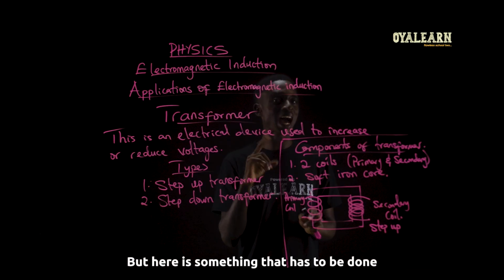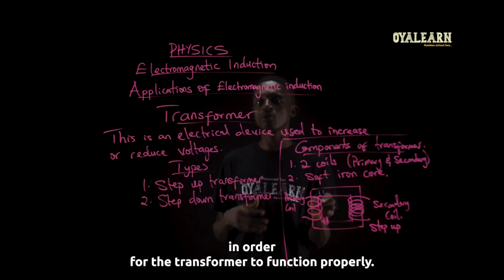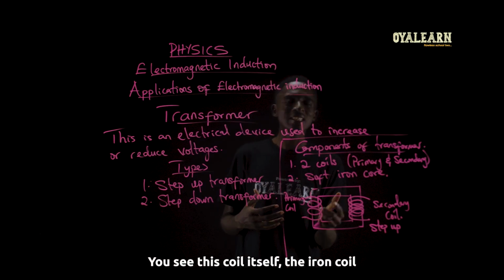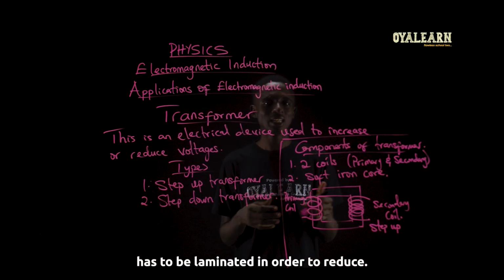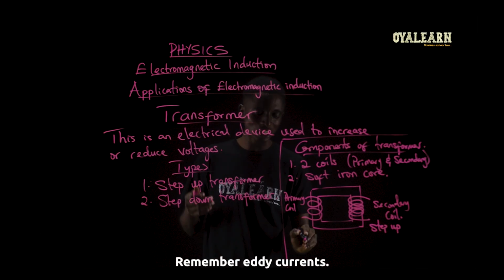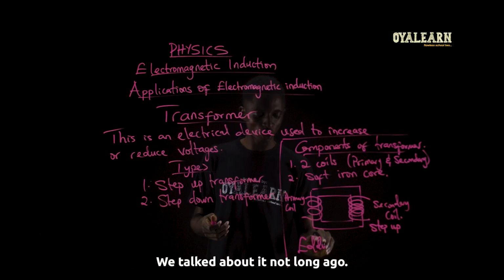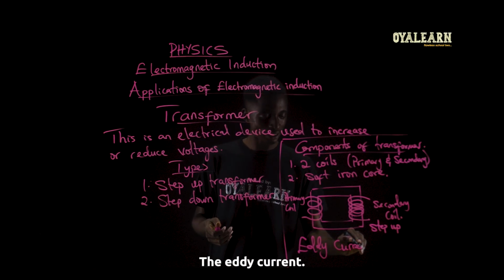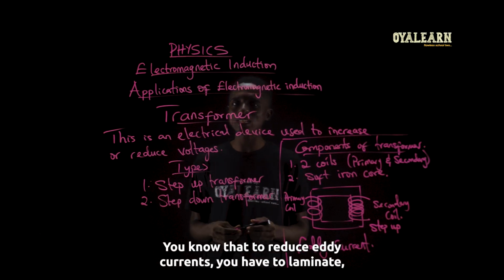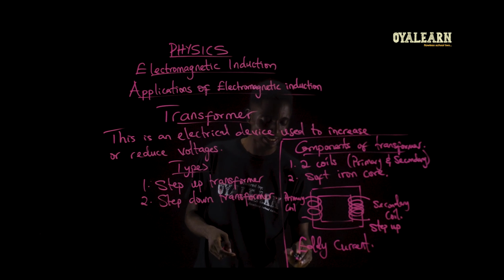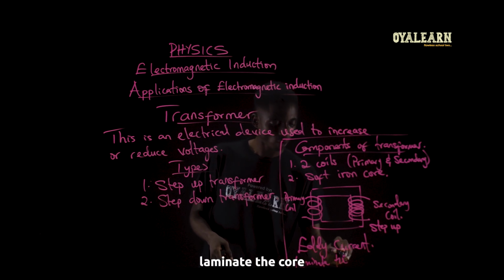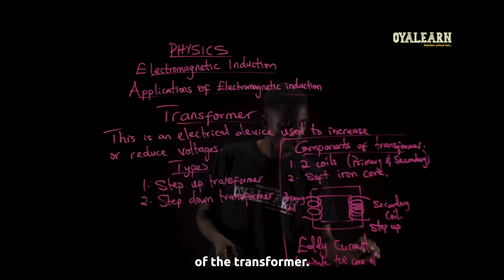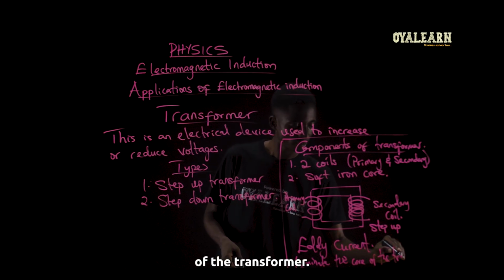But here is something that has to be done in order for the transformer to function properly. You see, the iron core has to be laminated in order to reduce eddy current. We talked about it not long ago, the eddy current. In order to reduce eddy current, you have to laminate the core of the transformer.